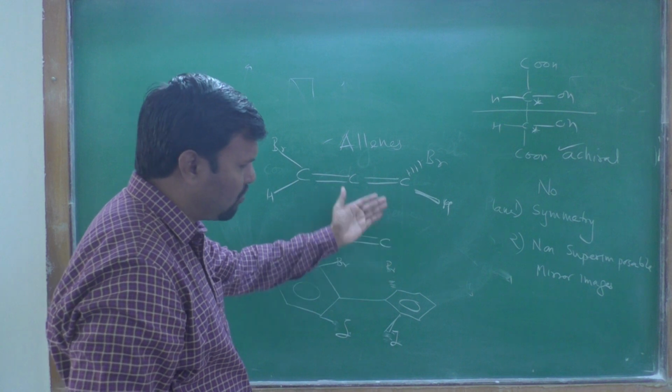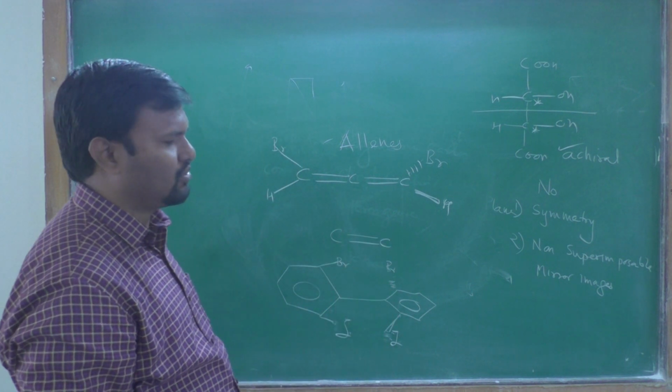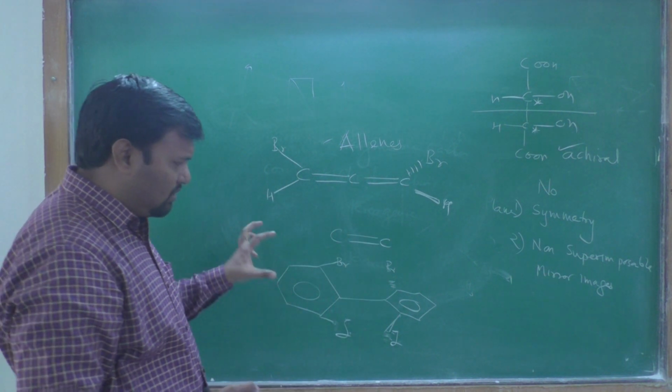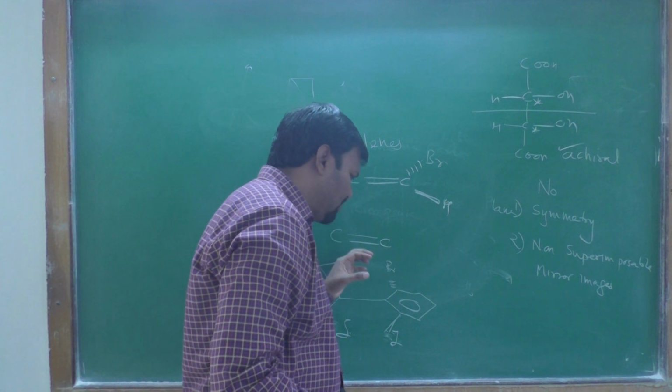Behind this plane is the bromine, and towards yourself is the iodine. These are called biphenyl compounds. Therefore this compound also shows chirality.